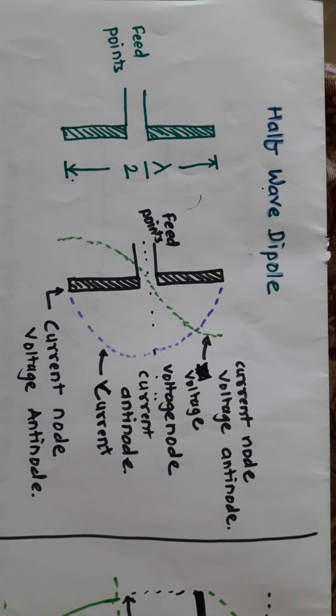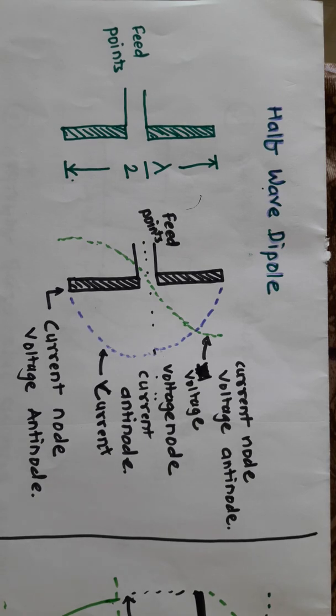First of all, you must know the terminology: voltage node, voltage antinode, current node, current antinode. This node and antinode terminology is related to the maximum or minimum level of voltage or current.